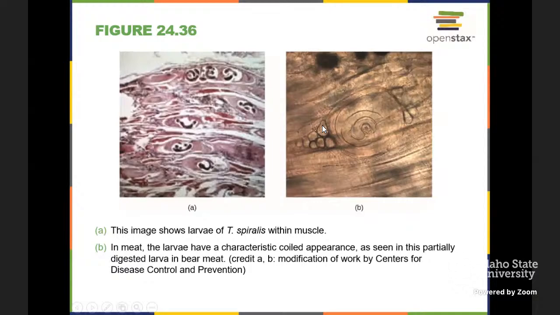Through ingestion of the egg, we can serve as that intermediary host. We're acting like the pig, and it can encyst in our musculature or in our brain. In either circumstance, bad news. With other worms, we don't serve as definitive and intermediary, just definitive hosts, the adult worm.